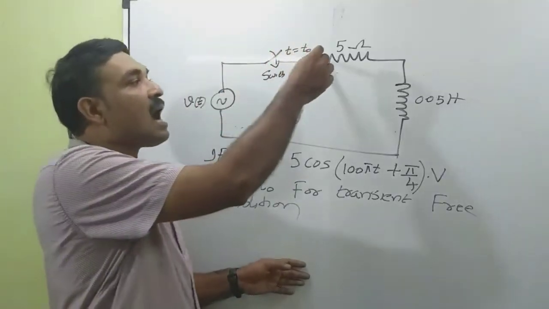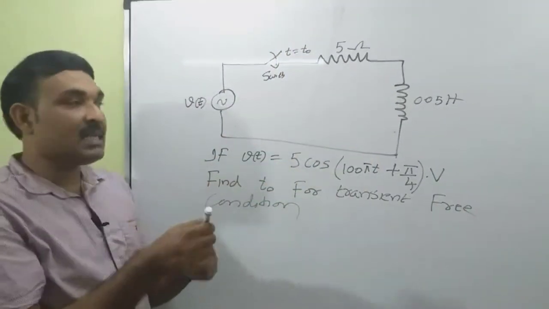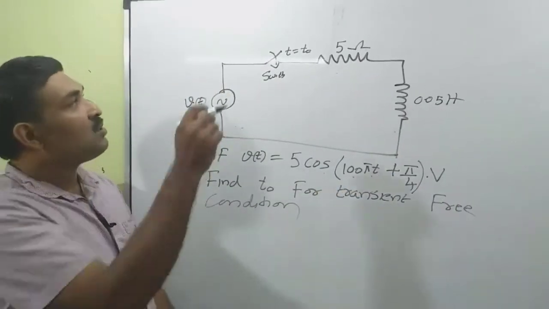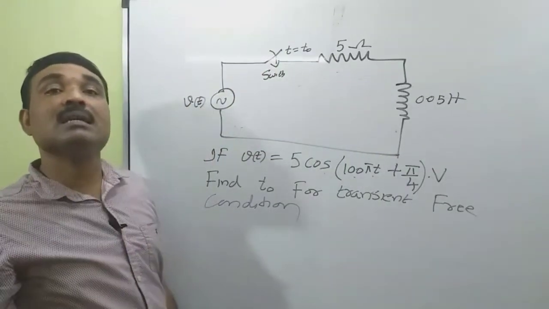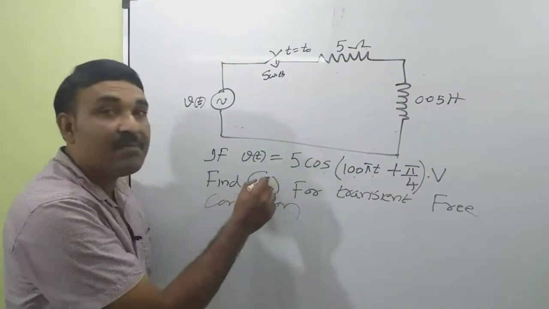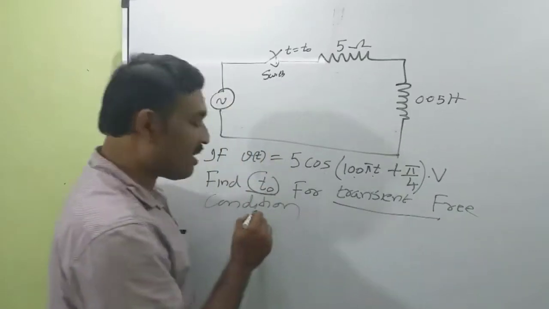We have a series RL network, and the input is given as 5 cos(100 pi t plus pi by 4). Now the switch is closed at t is equal to t0. We want to find the value of the time t0 for transient free condition.